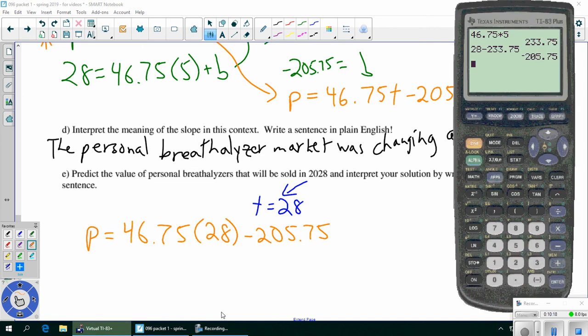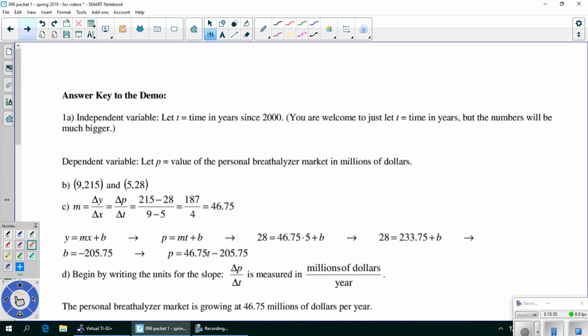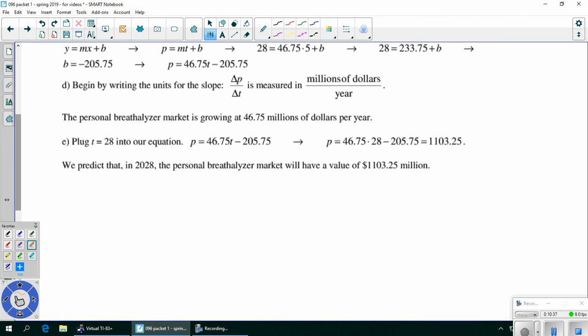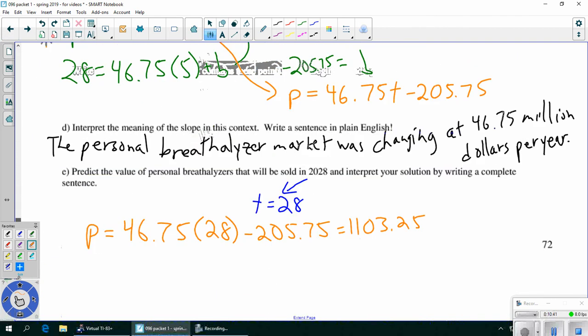And then let's get the calculator to help us out. 1103.25. Quick check of the key. Great. I got spooked when I made that arithmetic mistake, so we're checking the key all the time now.